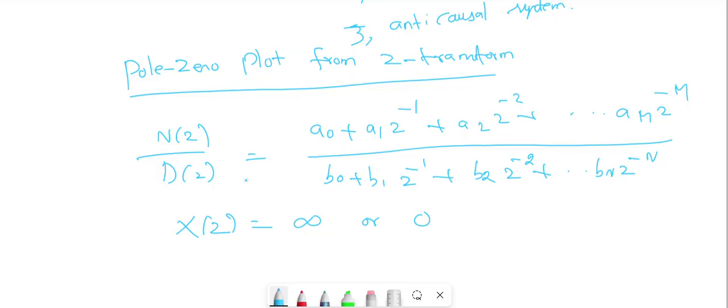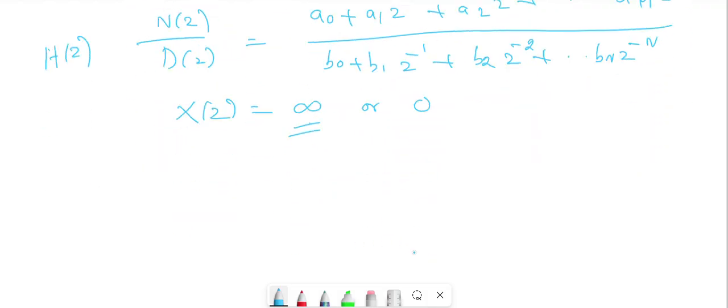This x of z, you can say, is the h of z system function. It has a value of infinity at the poles, because at the poles the system function will be infinite.